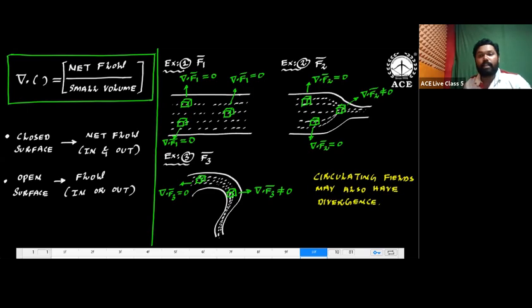Circulating natured field or circulating fields may also have divergence. Extremely important statement. Clear? So we have individually defined the divergence.